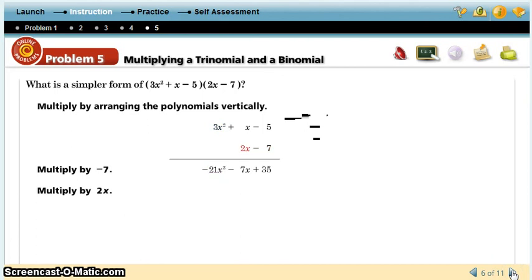Now multiply the trinomial by 2 times x. And they're aligning the like terms here so that they can go ahead and add those when that time comes. This product is 6 times x cubed plus 2 times x squared minus 10 times x.